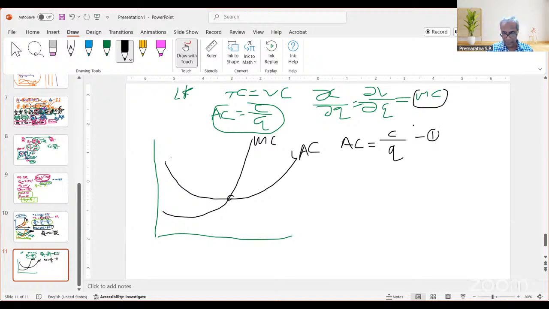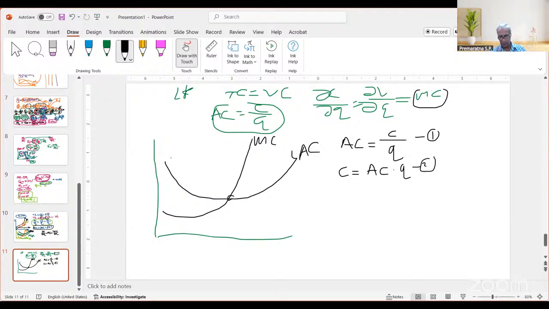Now, with this equation number 1, we can rewrite it as C equals AC times Q. So that's the same equation, but I rearranged it a little bit and you can see total cost.